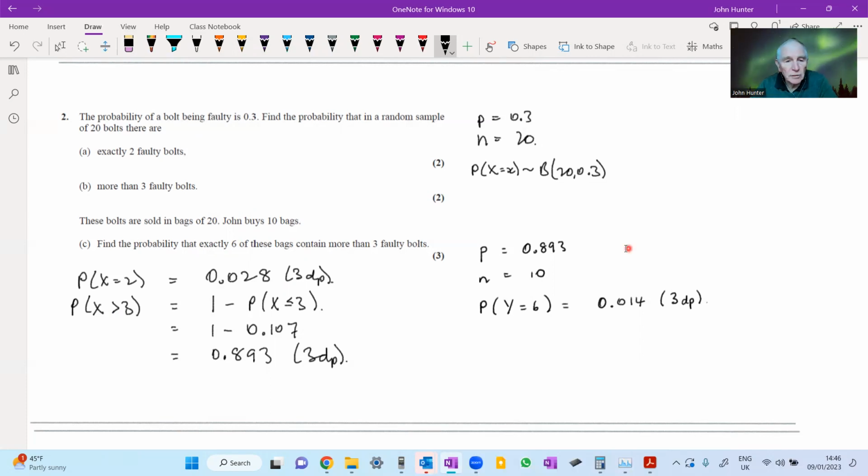But do watch out if you do have any problems like this, your bonus question here, where you're actually looking at a slightly different problem. And typically your success rate is something that's been calculated in the first part of the question.